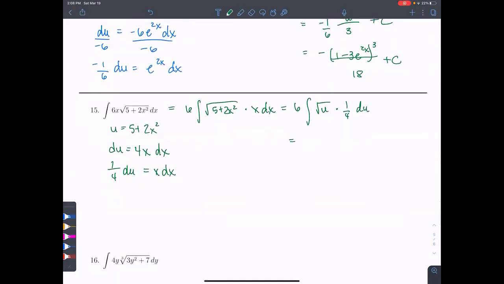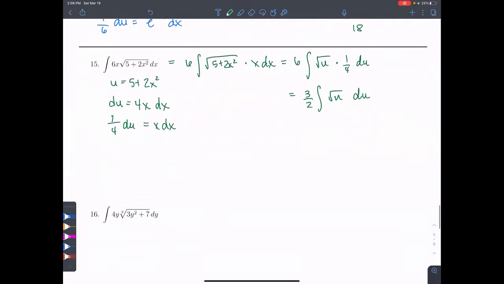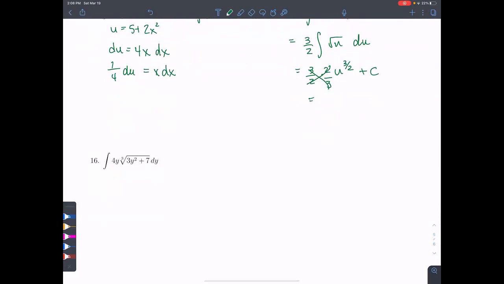So this is 6/4 or 3/2 times the integral of the square root of u du. So increase to 3/2 and divide by 3/2 or multiply by 2/3 plus c. So these cancel. So I have 5 plus 2x squared to the 3/2 plus c.